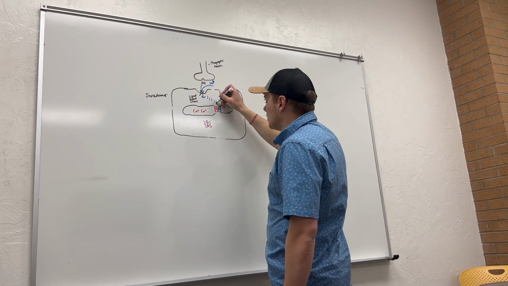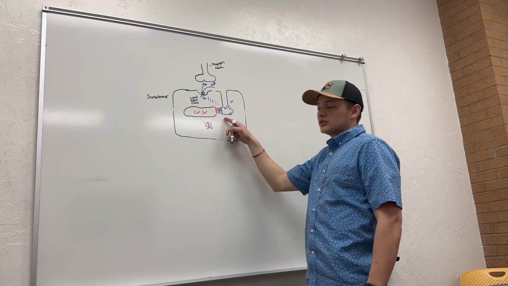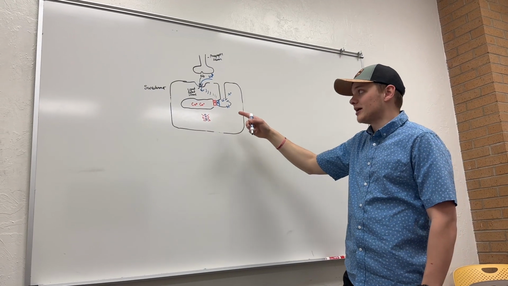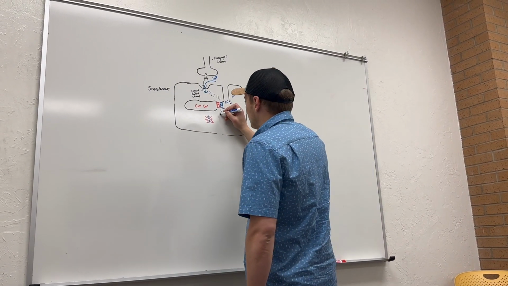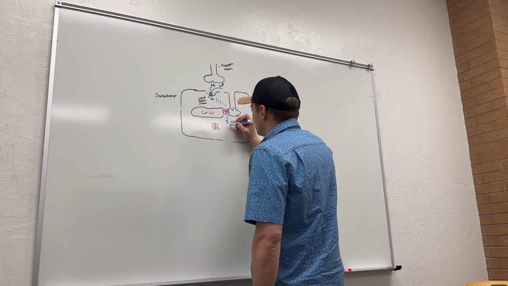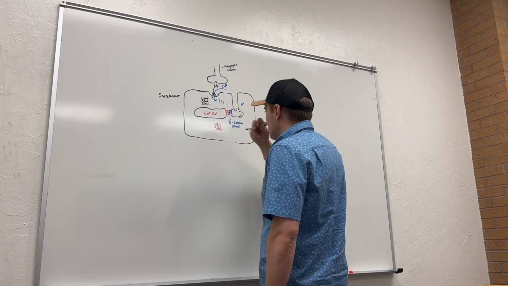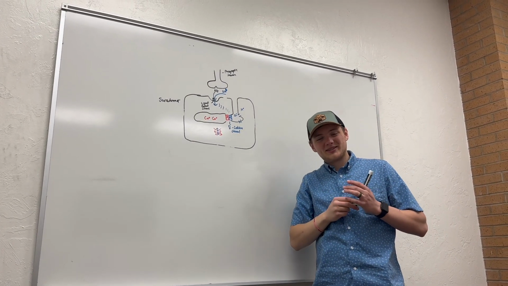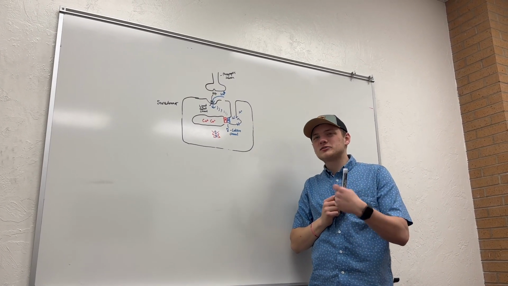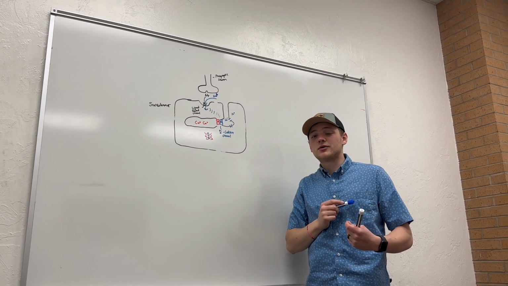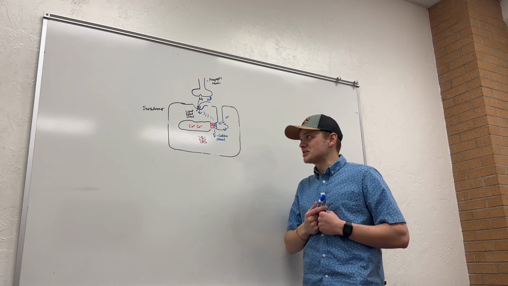So Bwong, Bwong, Bwong, and that is eventually going to activate this gate right here that is called a voltage-gated calcium channel. Now, here's where biologists failed at life, because they called it a voltage-gated calcium channel, but calcium doesn't flow through it.